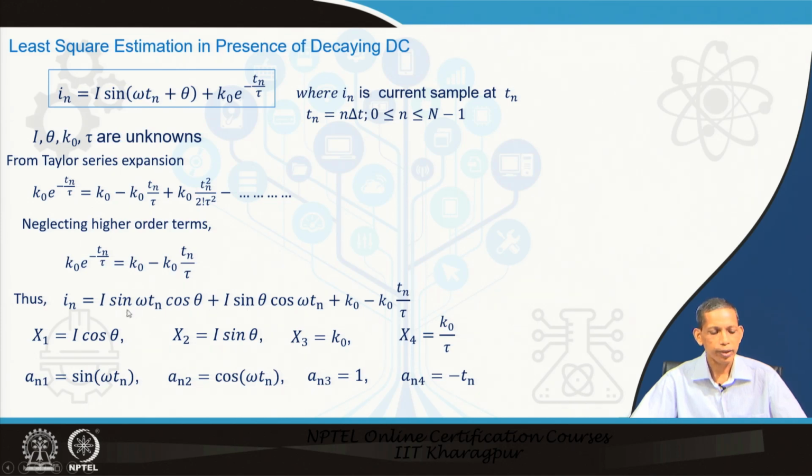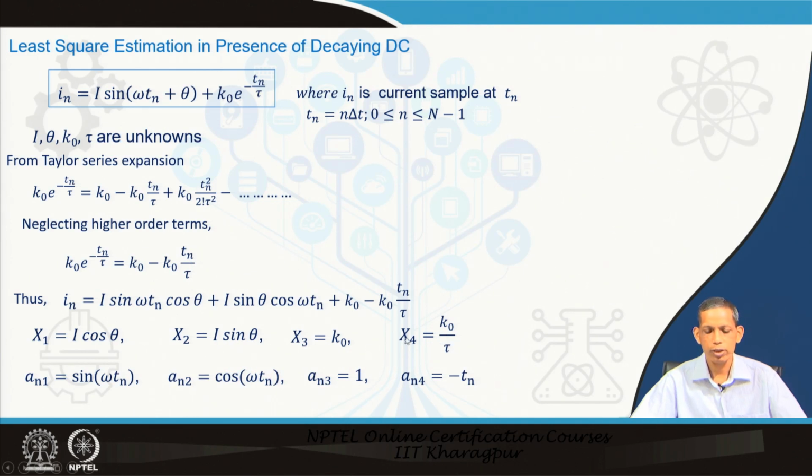If you remember, in the least square estimation technique we use the same approach as earlier. Now, we consider the unknown vector and the corresponding A matrix. The unknown vector, like the earlier case for the sinusoidal part, has x 1 equals I cos theta and x 2 equals I sin theta, two unknowns, and x 3 equals k naught and x 4 equals k naught by tau.